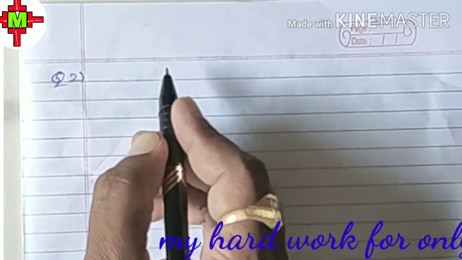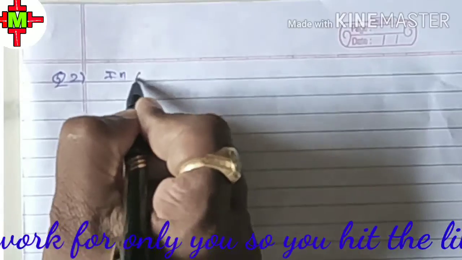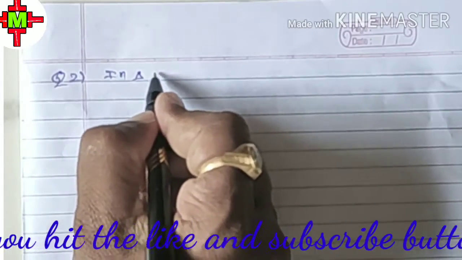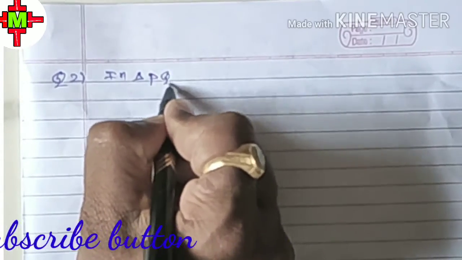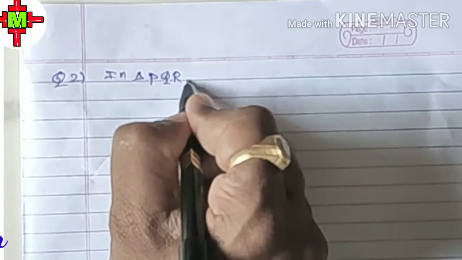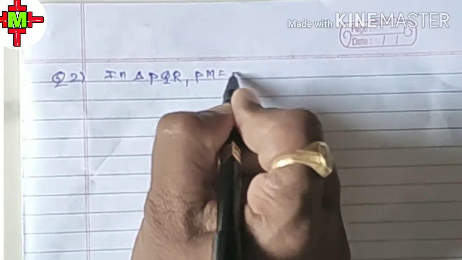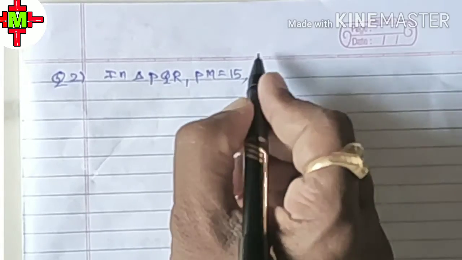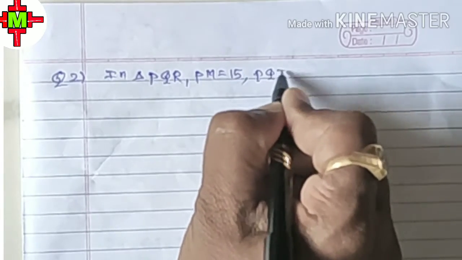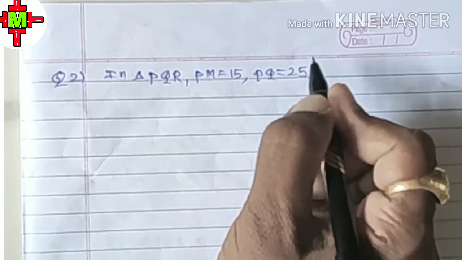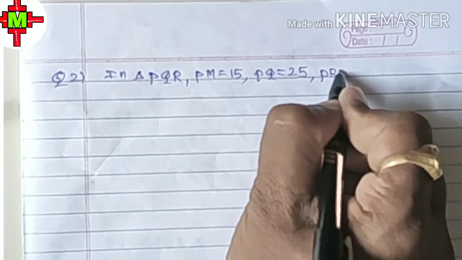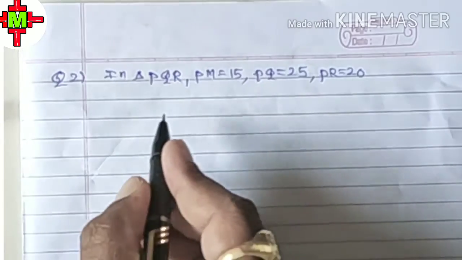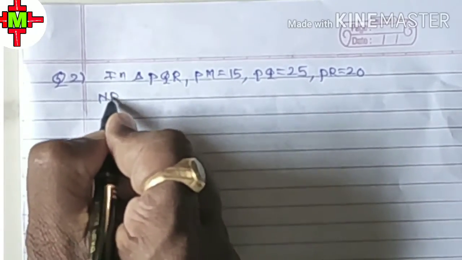Question number 2. In triangle PQR, PM is equal to 15, PQ is equal to 25, PR is equal to 20, NR is equal to 8.